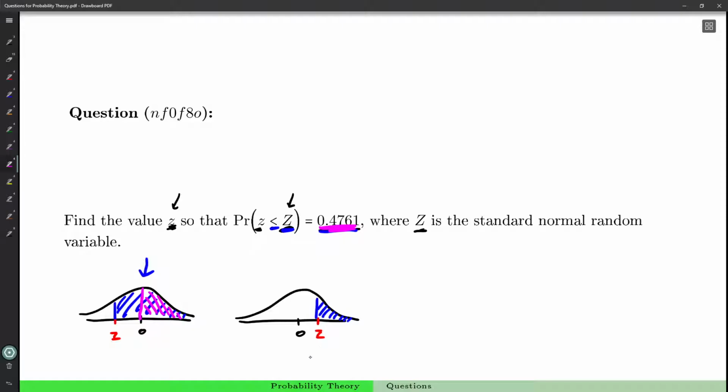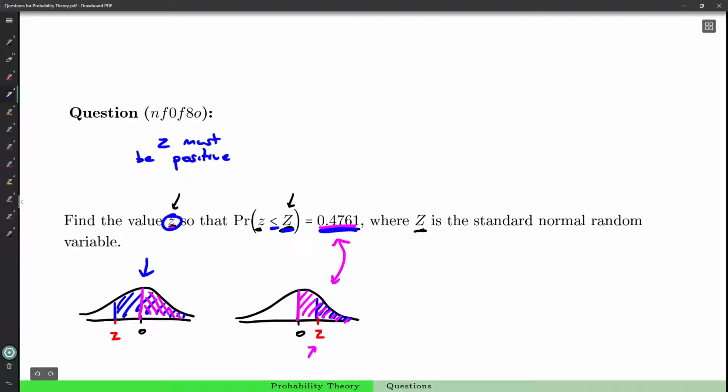Whereas if we've got a positive little z, the blue area is much smaller than the pink area, and so this better reflects our probability. So by drawing a picture, I can reason that this little z must be positive.